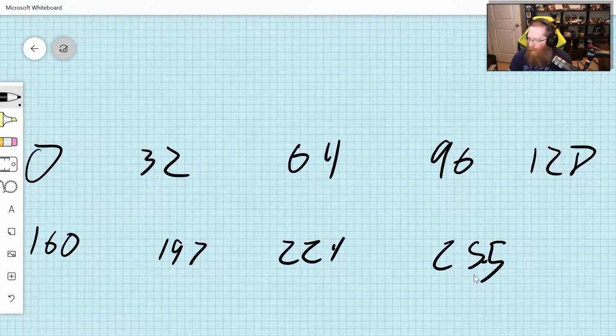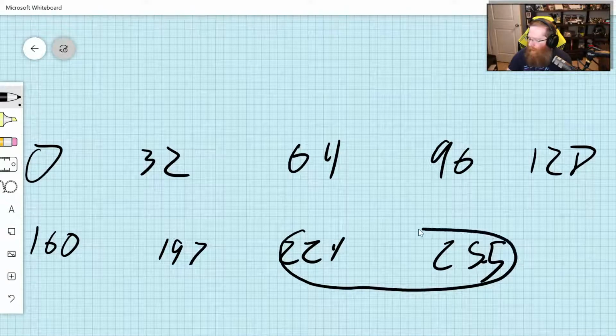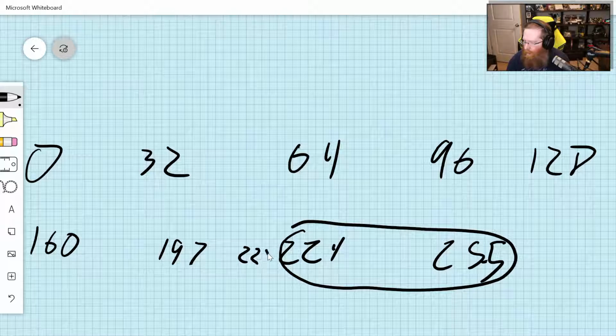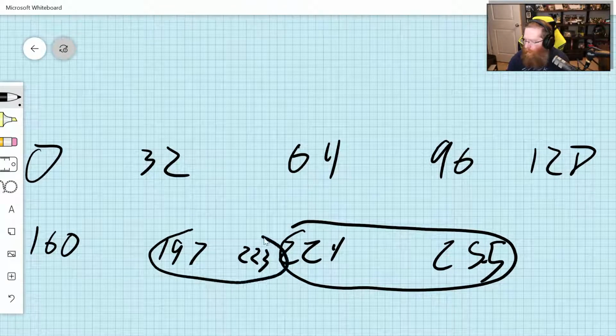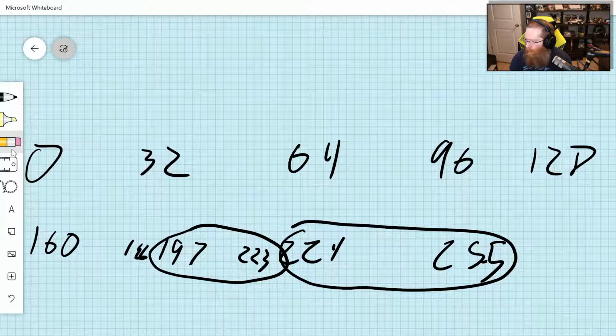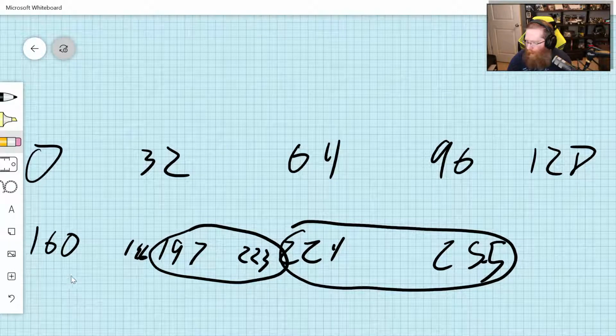So what do we know? Well, we know for a fact that this would be a network. Then we just -1 here. 224 minus 1, 223. I did bad math.